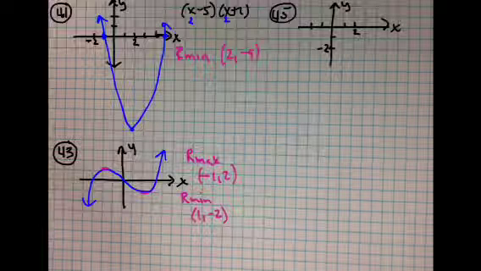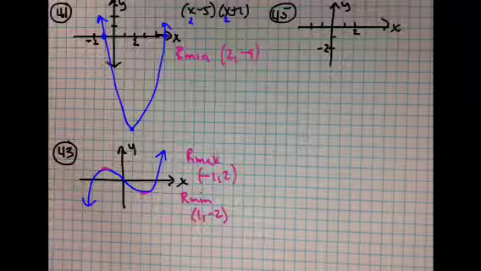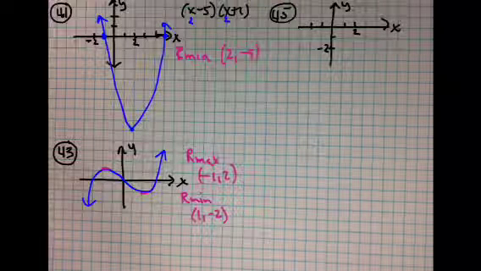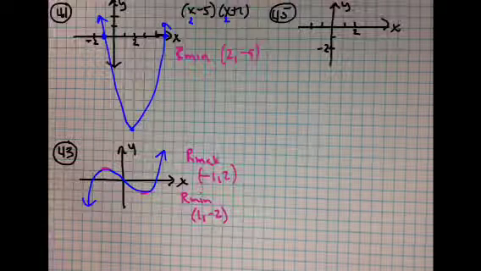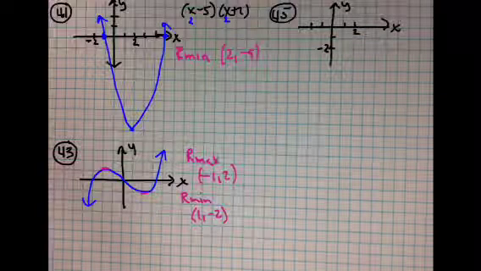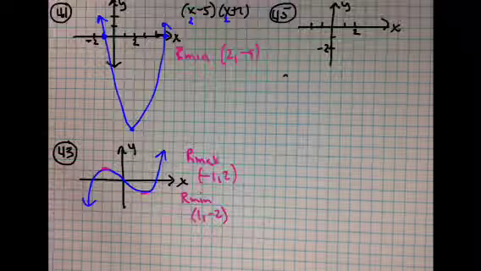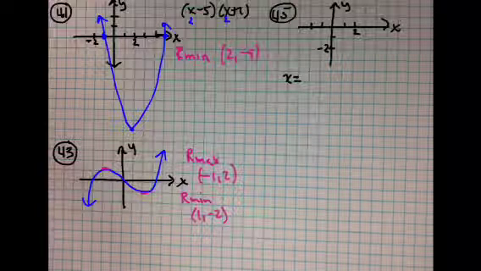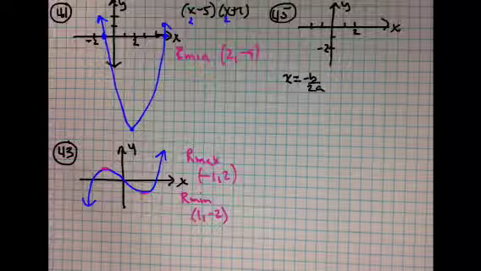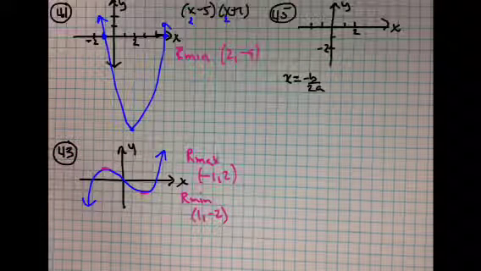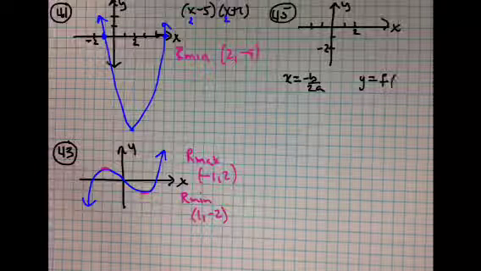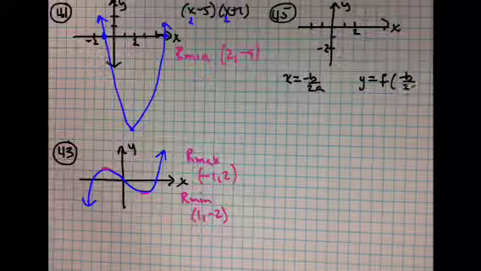Okay, 45 is another quadratic. It does not factor, so the x-intercepts are not rational numbers, but if you recall from last year where you learned to find the vertex by using -b/2a, you can use it to find the x-coordinate, and then to find the y-coordinate you just do f of -b/2a.